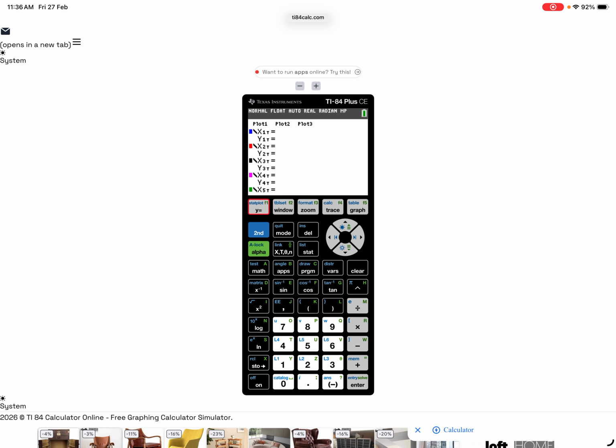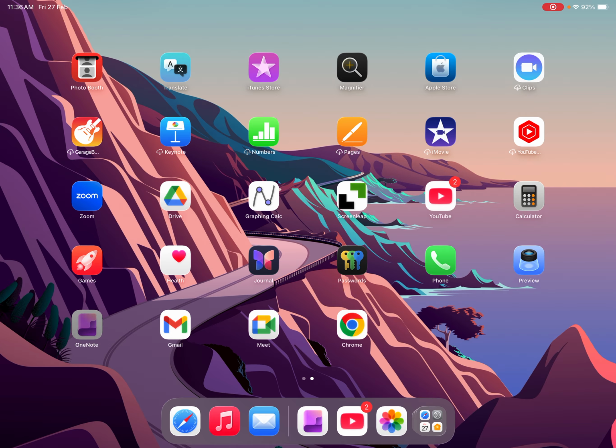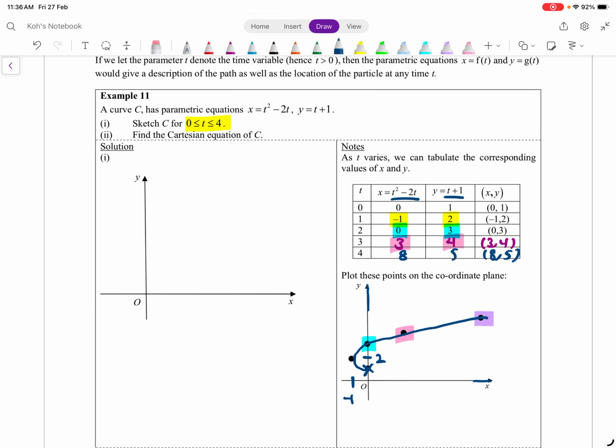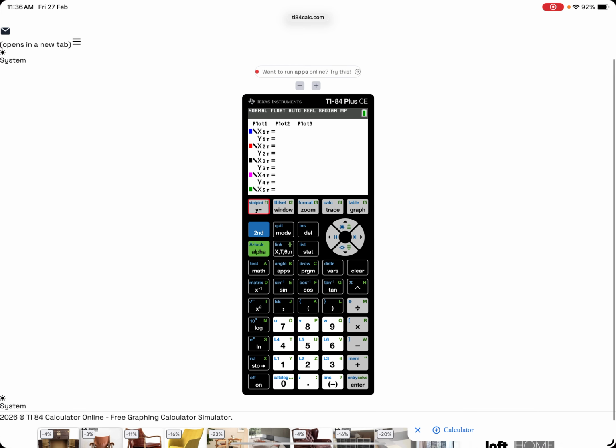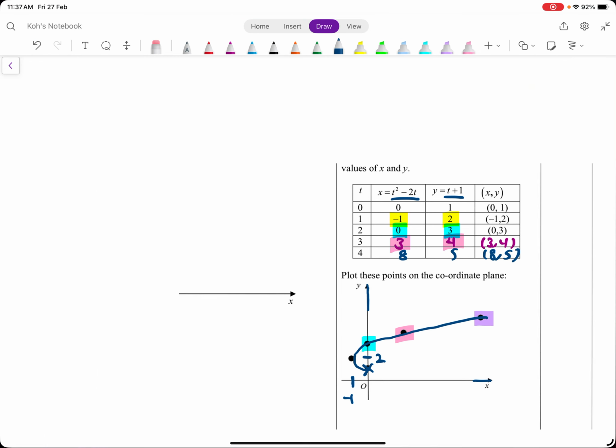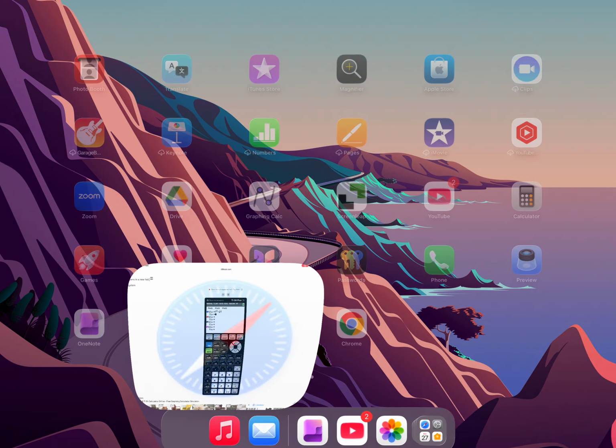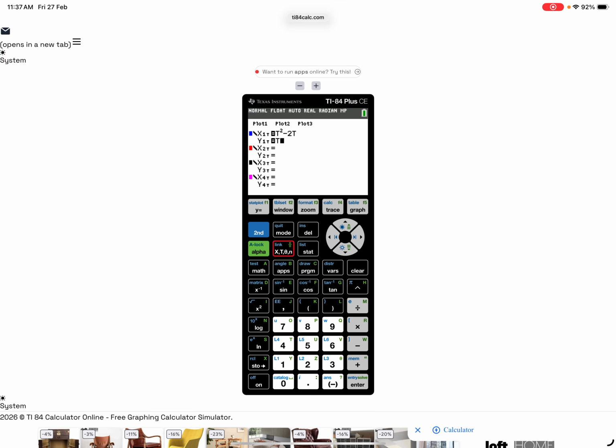So my x is t squared minus 2t, my y is t plus 1. So x is t squared minus 2t, then y is t plus 1. And then you just need to graph it.